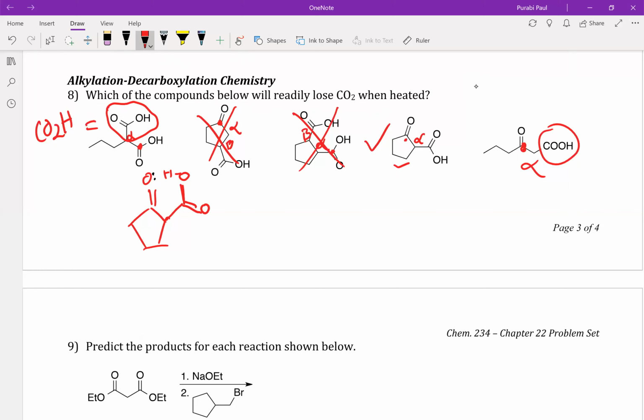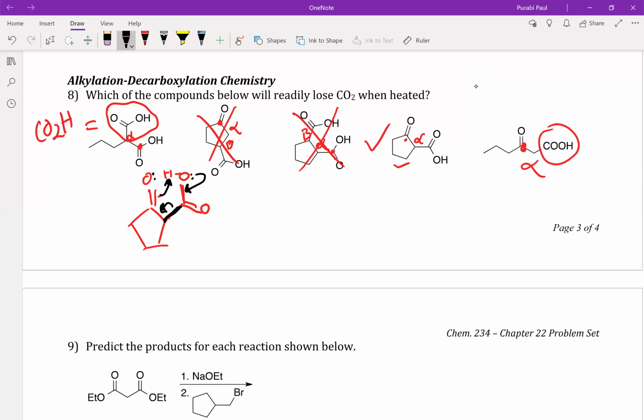Okay, and the way it works is this pi bond right here will go and grab that proton because it's acidic, right? Once you lose that proton, the electrons that were left will go to make a bond, okay? And now you're going to break this carbon-carbon bond here, and those electrons will go right there.